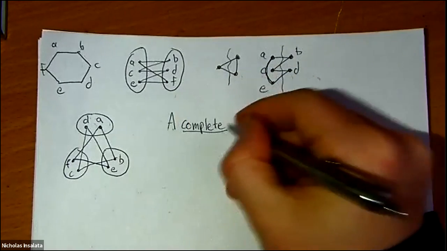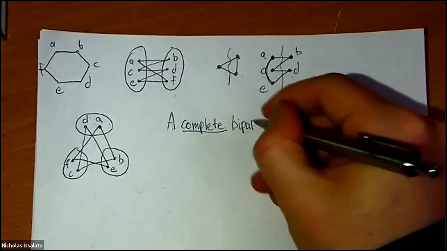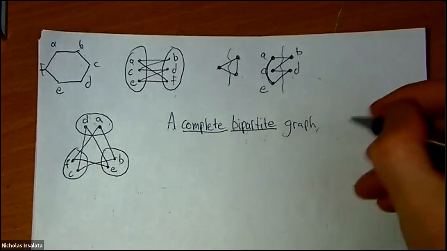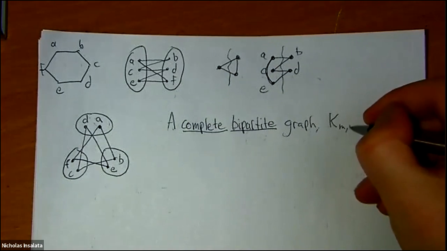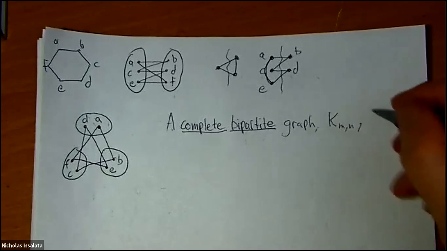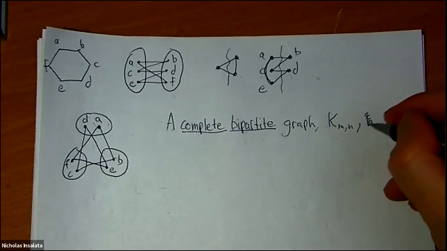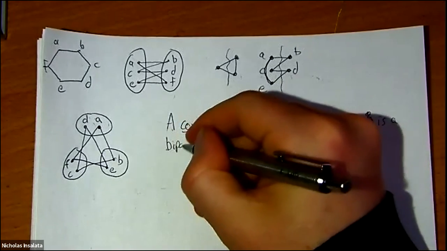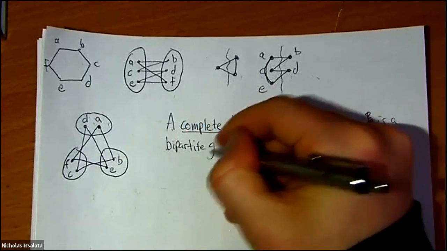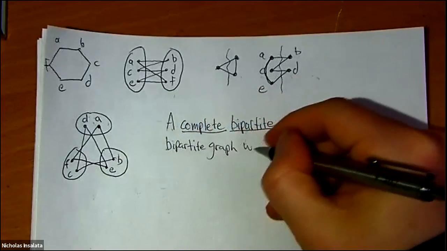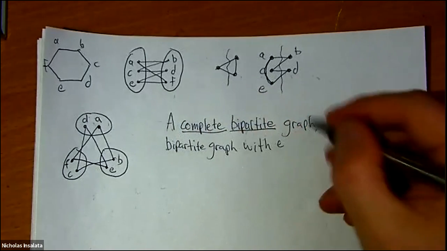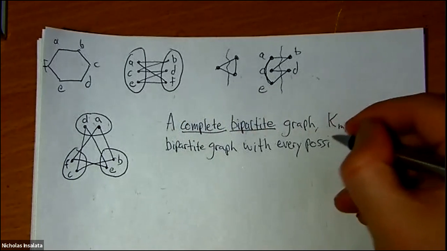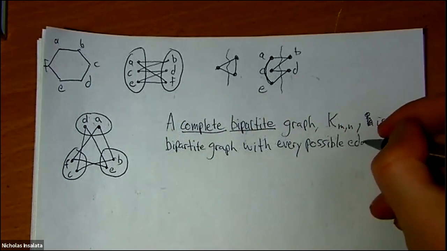A complete bipartite graph K_{M,N} is a bipartite graph with every possible edge included.